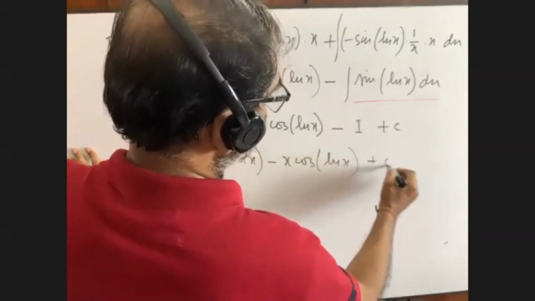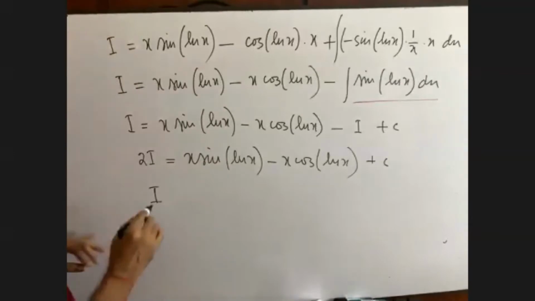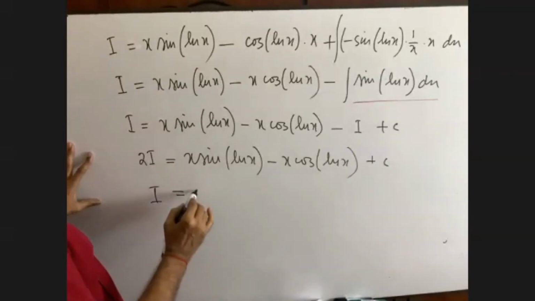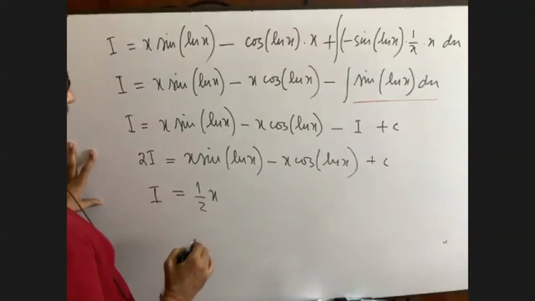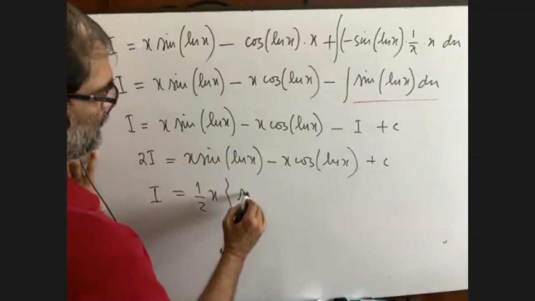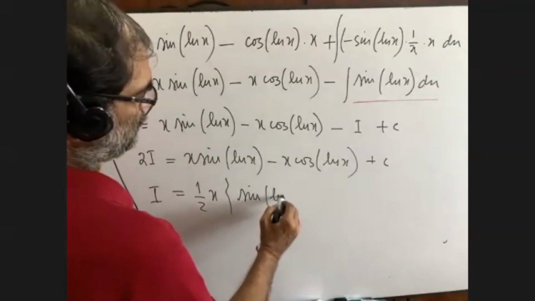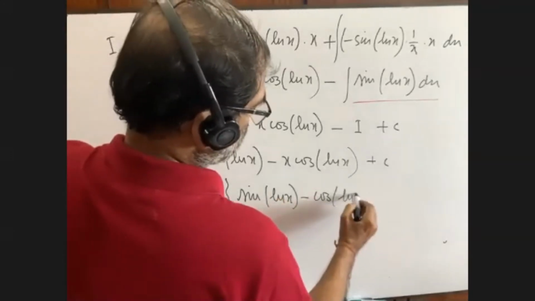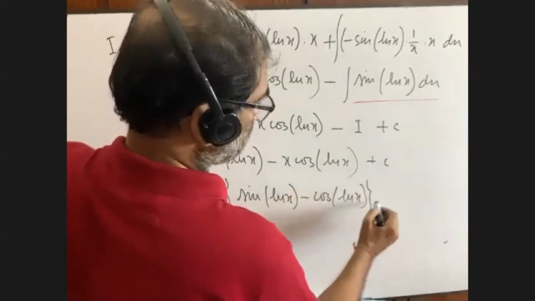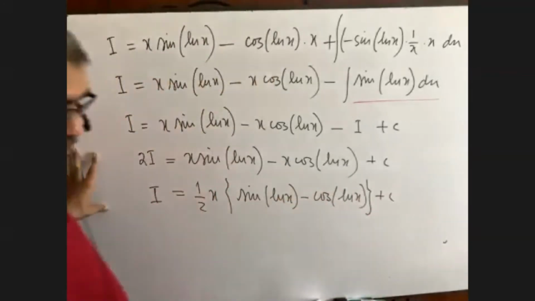So I equals what? This is half. And you see we can take x common. So it is half x, second bracket sine ln x minus cosine ln x. Second bracket is done. This is plus c. So we are done here.